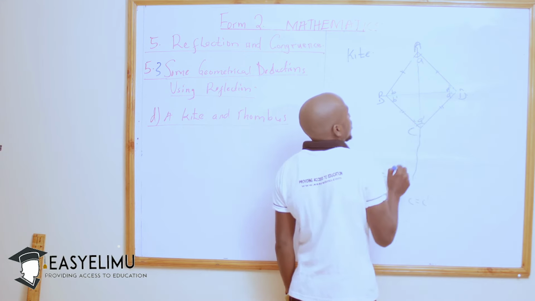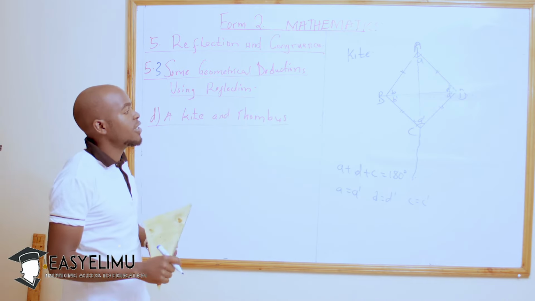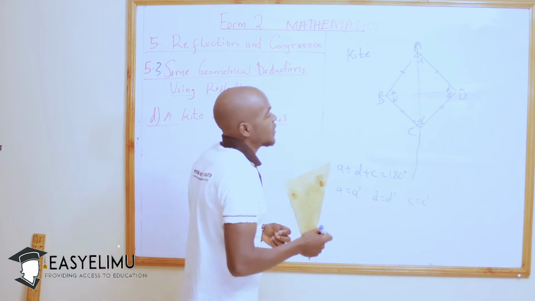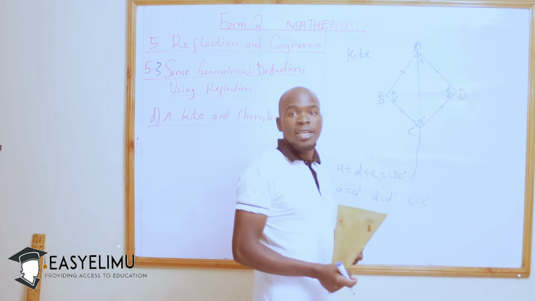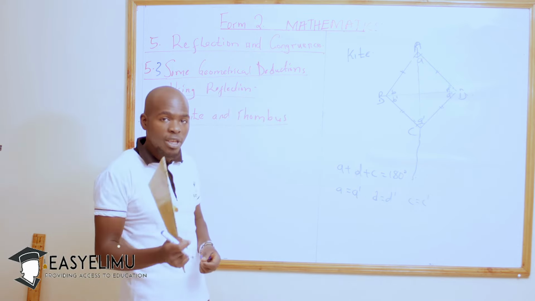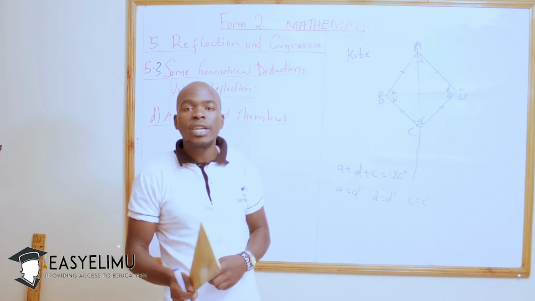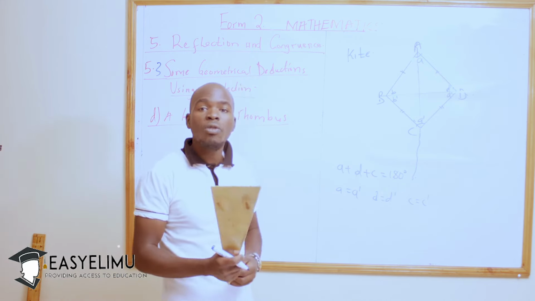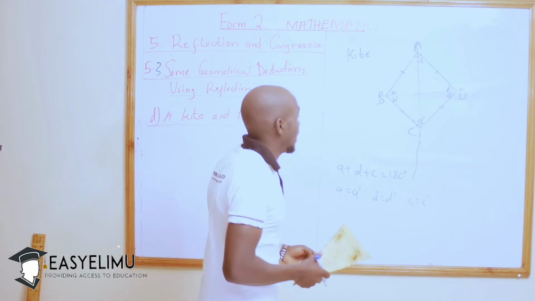The same deduction will apply, since if I take A plus B plus D, I will get 180 degrees. And since the two triangles are the same after reflection, the image and the object, if you add all the angles in the two triangles, you will find it's 360 degrees. That makes up a kite.